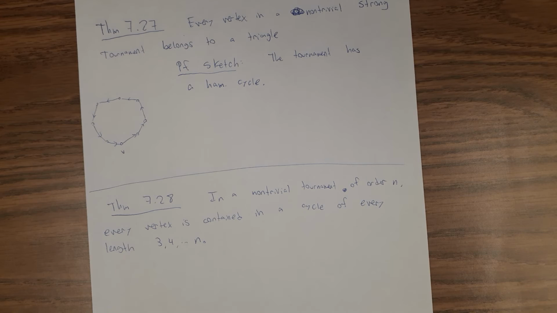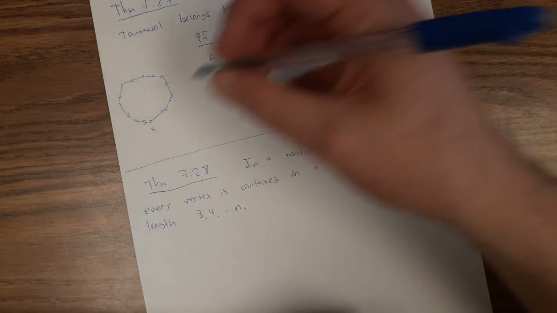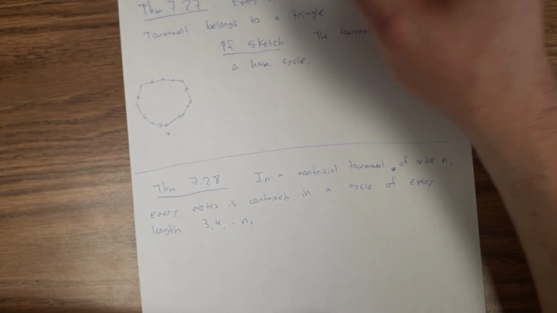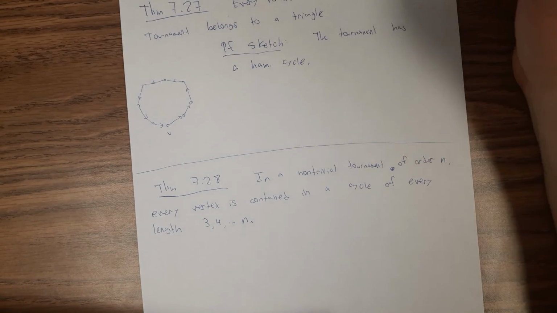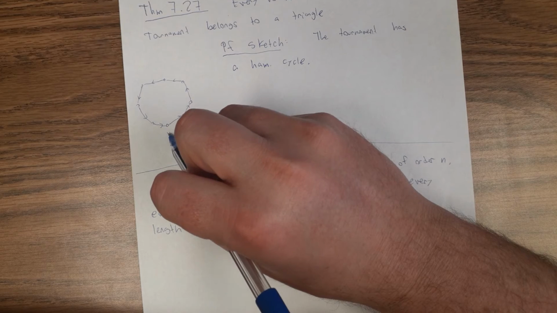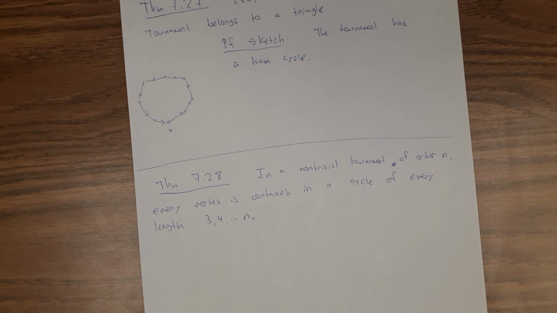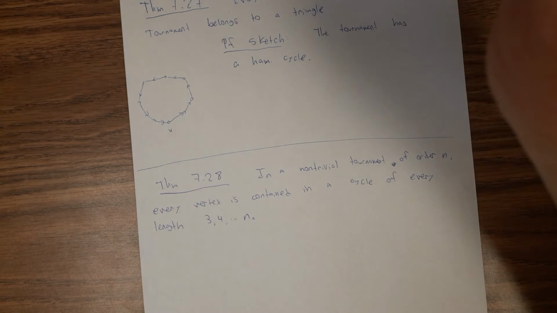Now, pick any vertex, because again, I'm trying to show that every vertex belongs to a triangle. So I'm going to pick my favorite vertex, and of course it's on the Hamilton cycle because every vertex is.